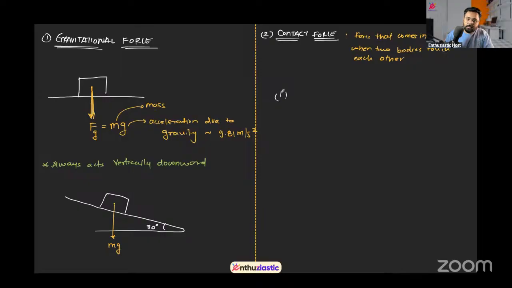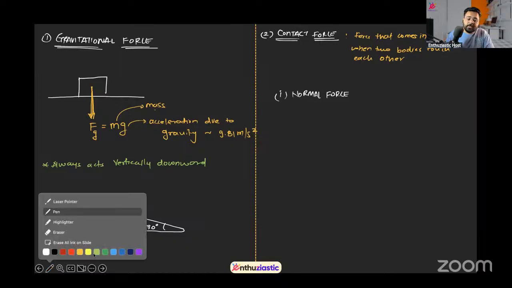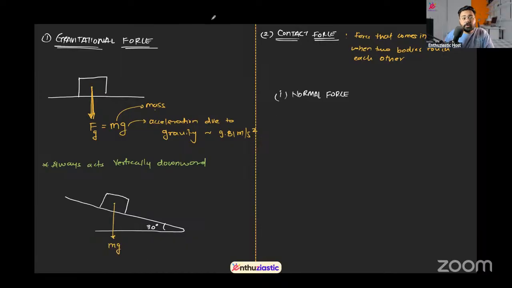So I'll say this is number one, normal force. Now, what is this normal force? This normal force is the reaction force offered by the ground. When the earth pulls the object below, basically an mg amount of force is being applied on the ground. According to Newton's third law, every action has an equal and opposite reaction.